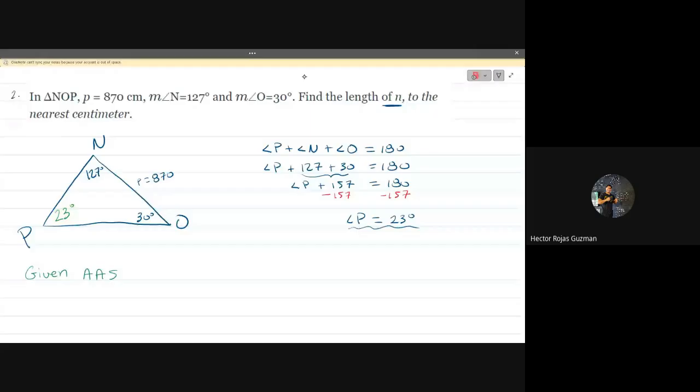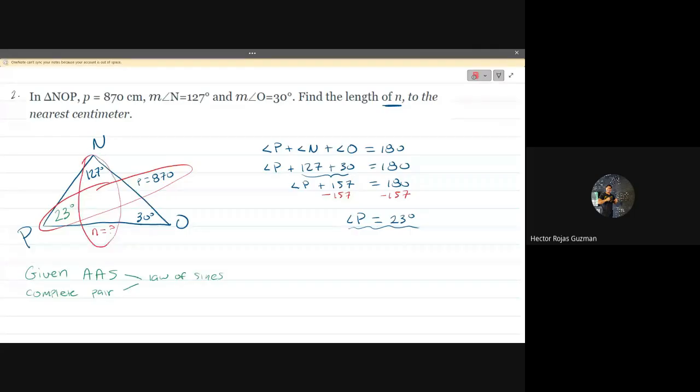Now, the other thing I told you guys in class is that if you have a complete pair, you should be using the law of sines. So both of these things tell me that I should use the law of sines, because I have a complete pair and I'm looking for little n.